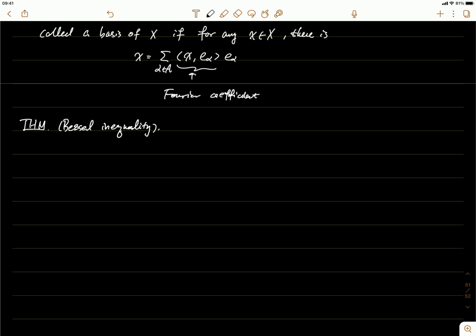Okay, so what this Bessel inequality says is that, again, we start with an inner product space.